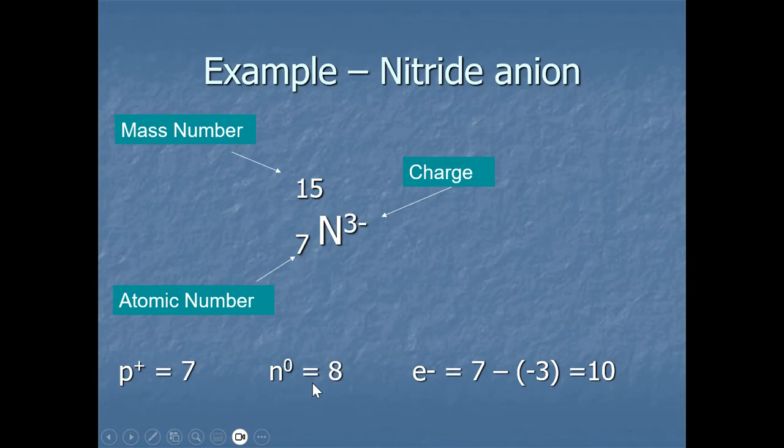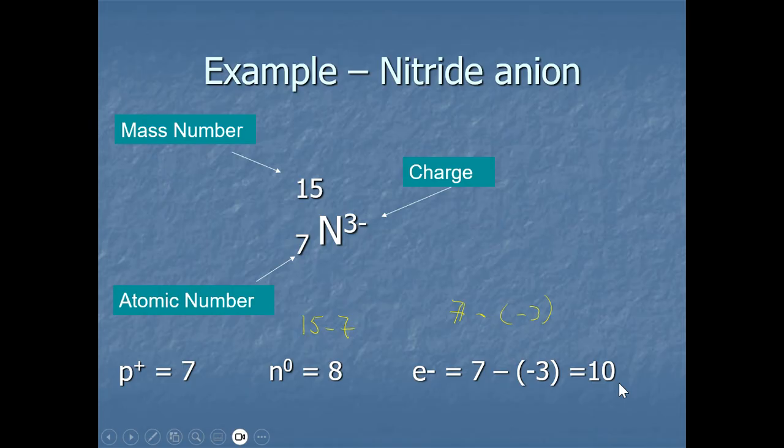That's 15 minus 7. And I have 10 electrons. The atomic number for nitrogen is 7, minus the charge, which is a -3. So 7 minus a -3 is 10.